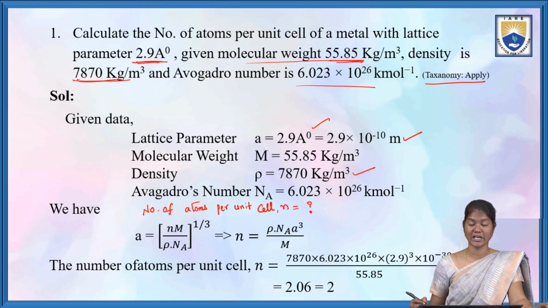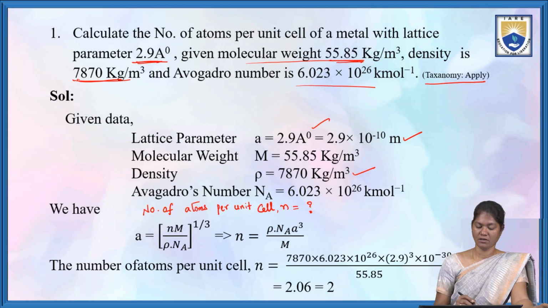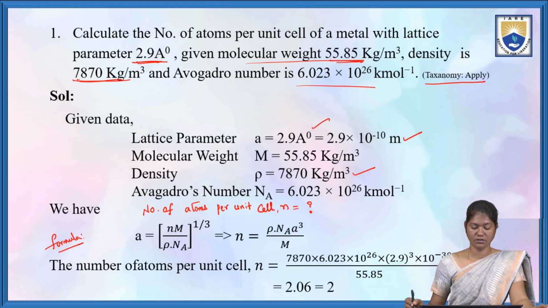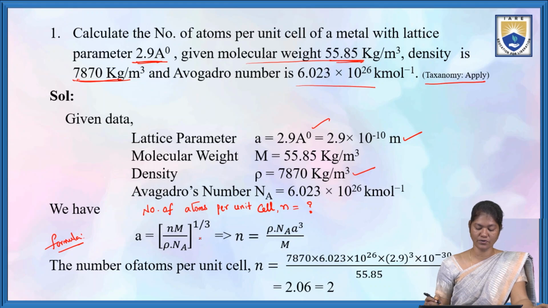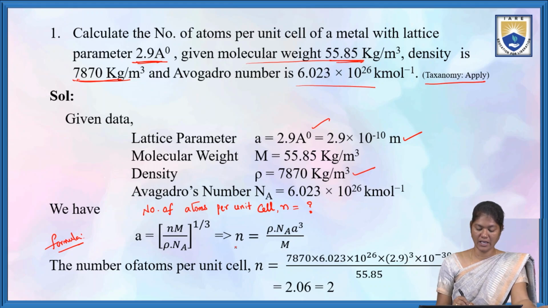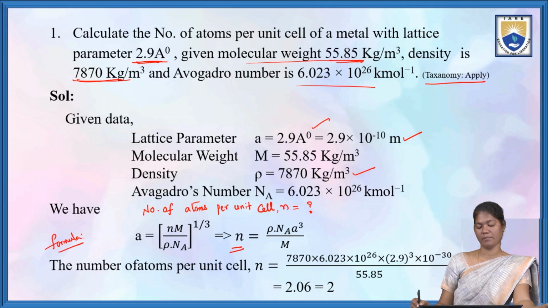This one we need to calculate. For that we are going to take the formula. The formula for A is equal to N M by rho into Na, whole power 1 by 3. From this we can derive N. So N is equal to rho into Na A cube by M.